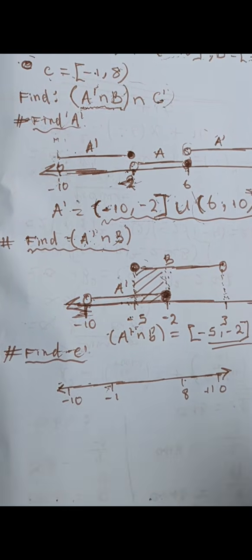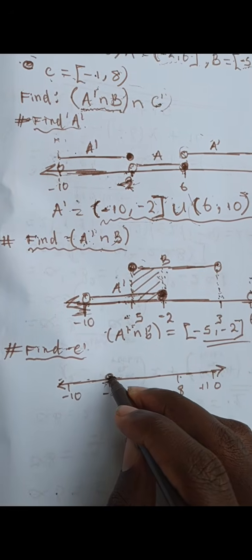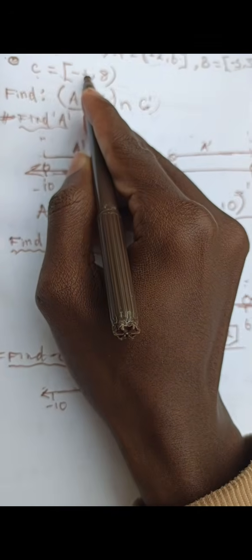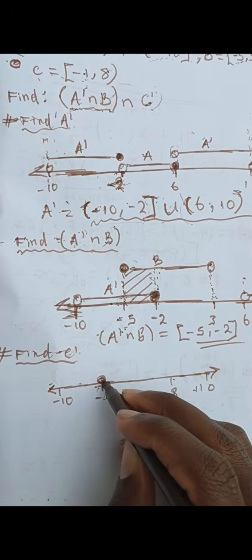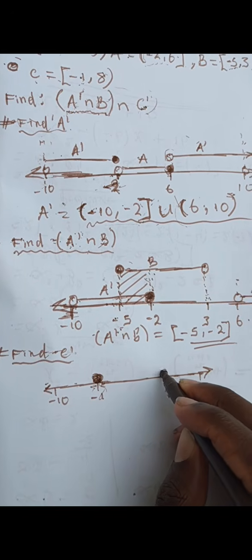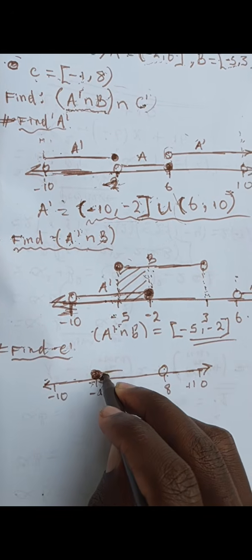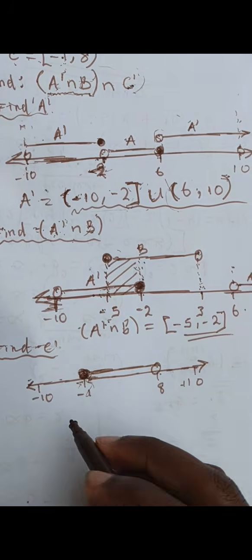Okay, so that's just C alone. So we are going to shade this bubble, right? Because if you look at C here, -1 is part of the set. So I'm shading this bubble, and 8 we are going to circle it. Okay, so just like this.